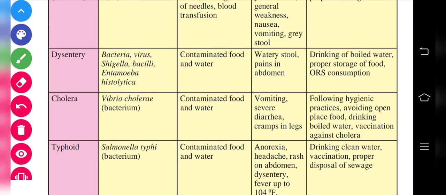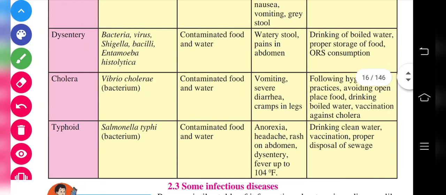After that is typhoid. Typhoid is a high fever disease caused by a bacterium named Salmonella typhi. It spreads through contaminated food and water.